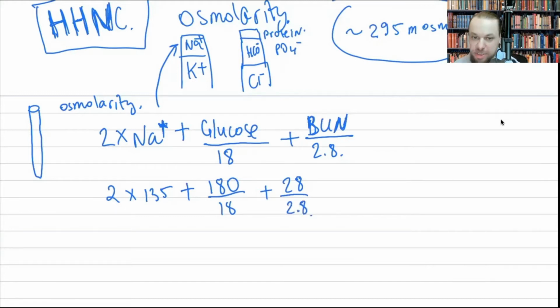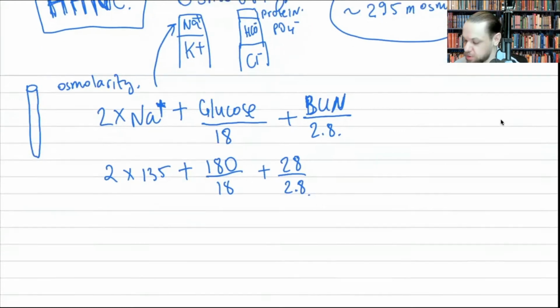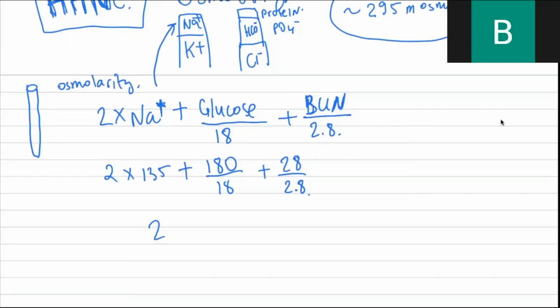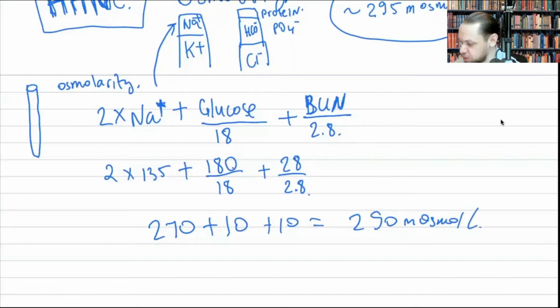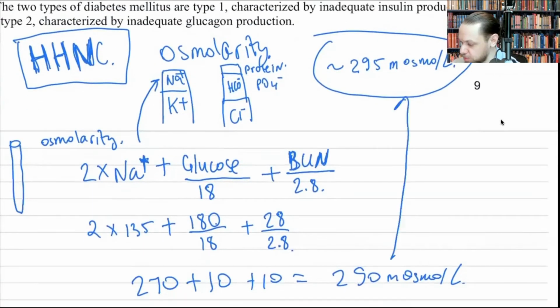I'm keeping these numbers so it's easy to divide. So 2 times 135 is 270. 180 divided by 18 is 10, and 28 divided by 2.8 is also 10. So we get about 290 milliosmoles per liter. This is how we get your normal osmolarity.